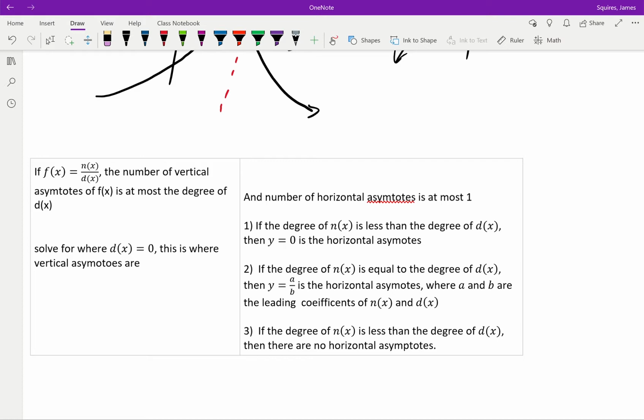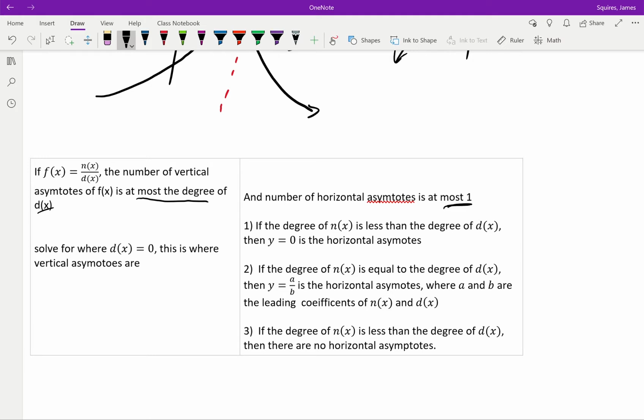Dealing with horizontal asymptotes, it's even a little trickier. The degree of d of x would be the most number of vertical asymptotes. When it comes to horizontal asymptotes, there will be at most 1.